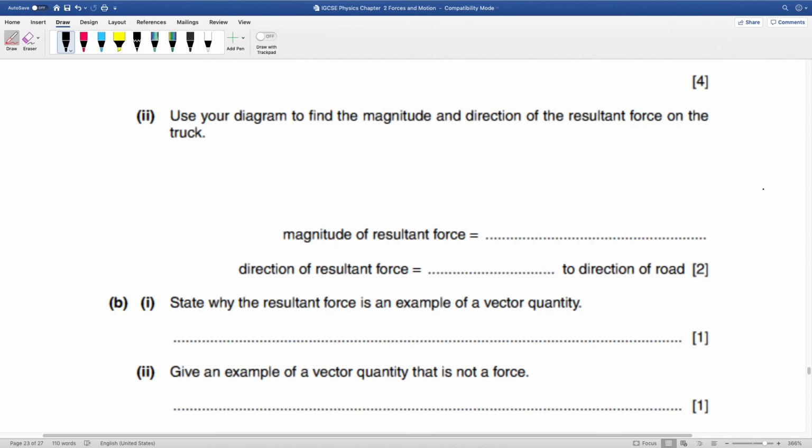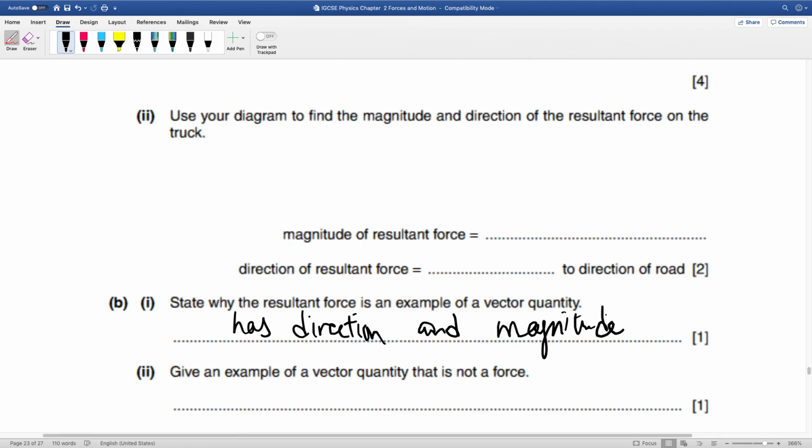Now state why the resultant force is an example of a vector quantity. Because it has direction and magnitude. For a scalar, it only has magnitude, but not direction. Just give one more example of a vector.